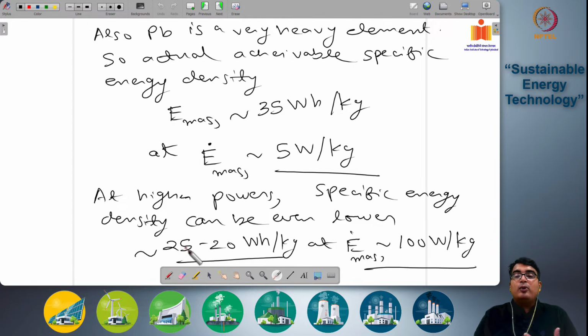If you are going for power generation of 100 watts per kg, so significantly high values of power delivery, then the specific energy density can go down to 25 to 20 watt hour per kg. This is something again we saw in the previous classes, that if you increase the power output, then the energy storage capacity decreases.